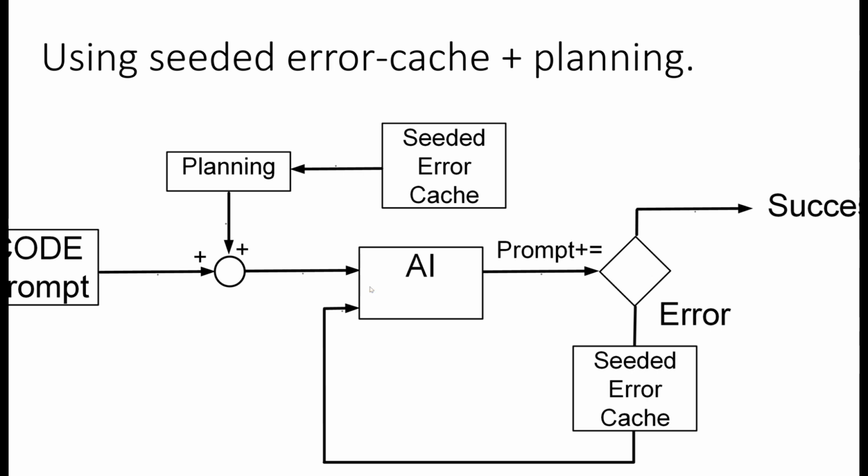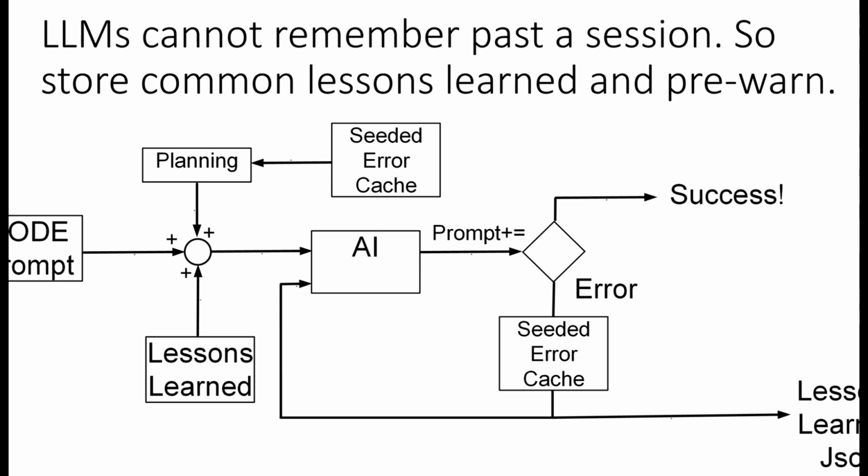Now, I just added one more refinement. I mean, you can keep going. And that refinement was lessons learned. I had this thought that large language models, in case you don't know, surprisingly don't actually learn anything. I mean, they learn when they're training. They're not a problem with that.